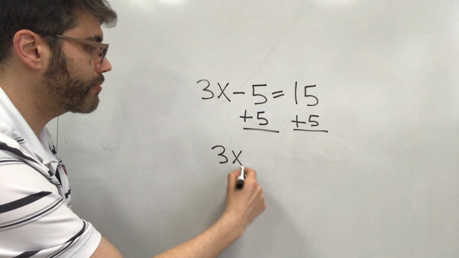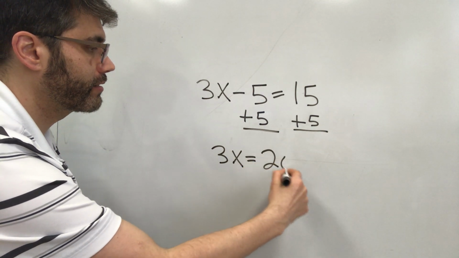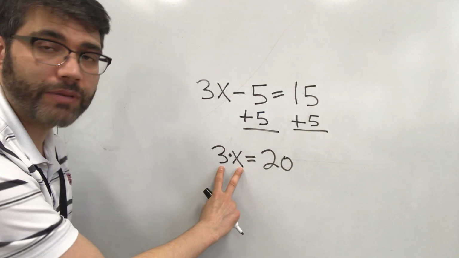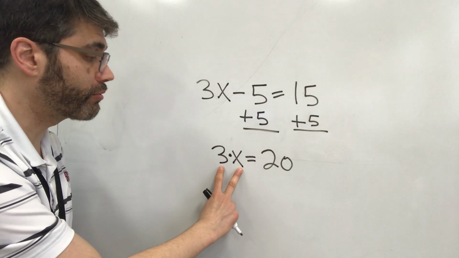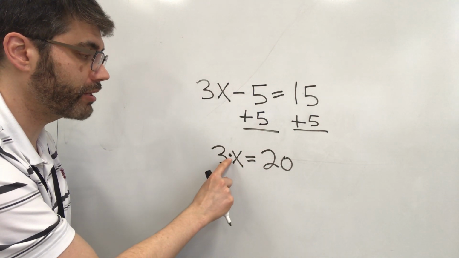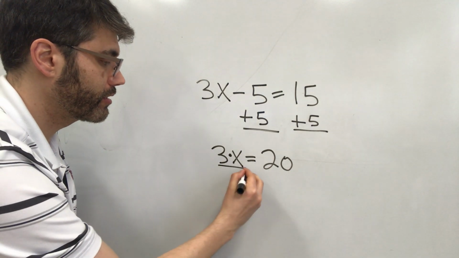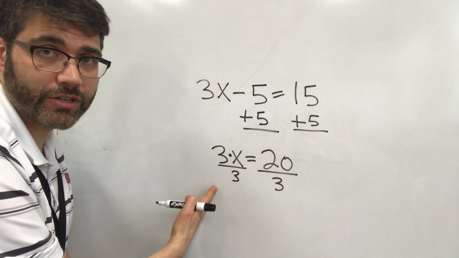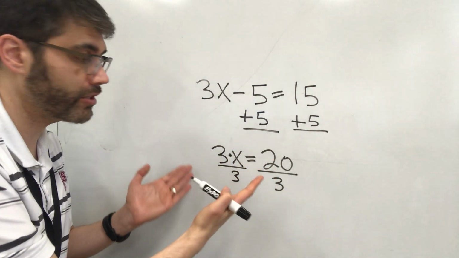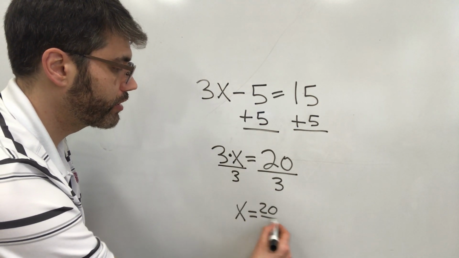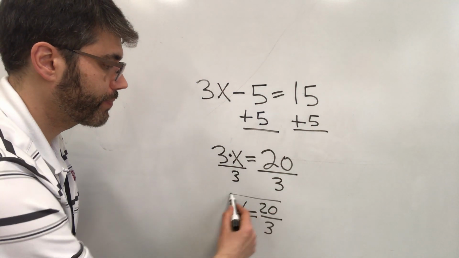So then that would be 3x equals 20. 3 times x needs to be broken apart. The way that you break apart subtraction is with addition. The way that you break apart multiplication is with division. So you divide it by 3. Whatever you do to one side of the equation, you have to do to the other because it's a balanced equation. So x equals 20 over 3, okay?